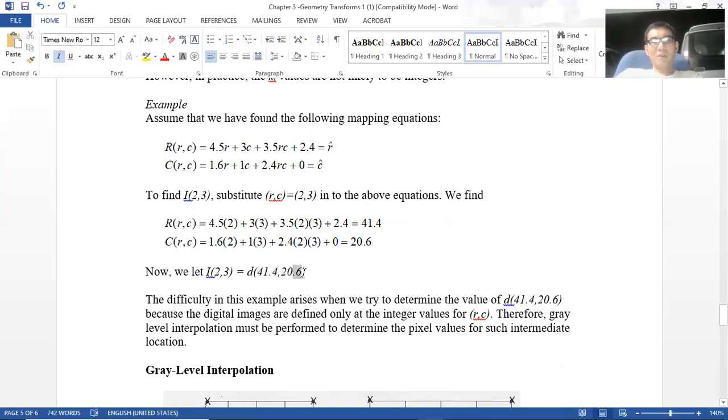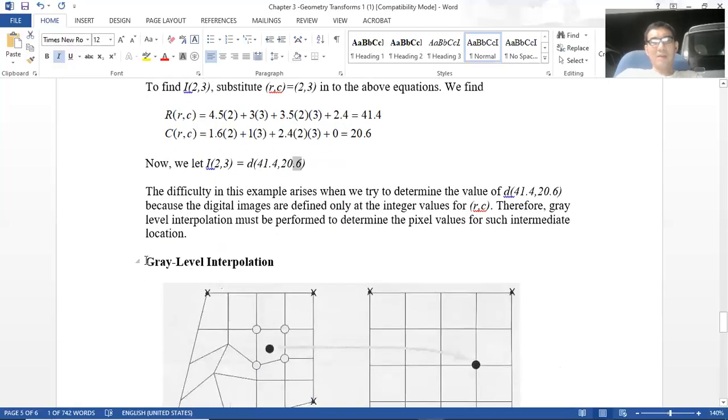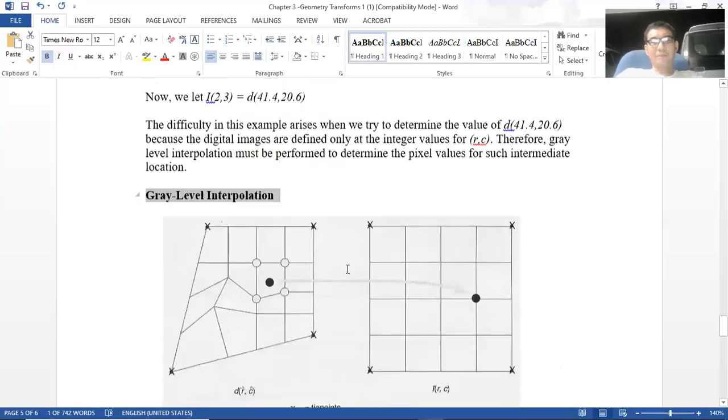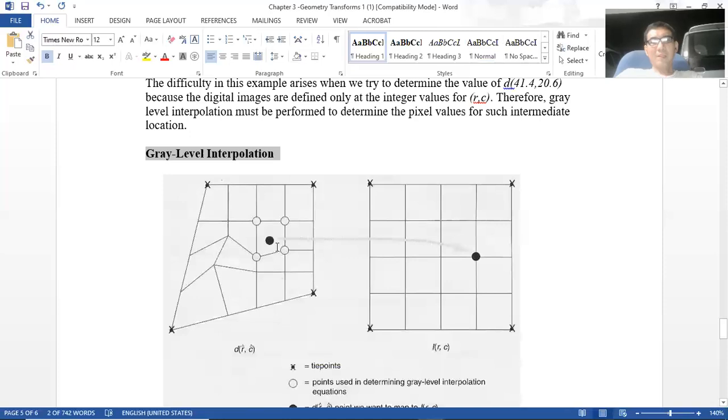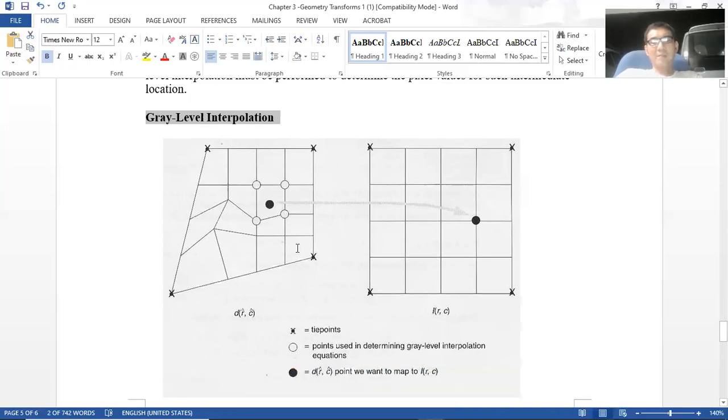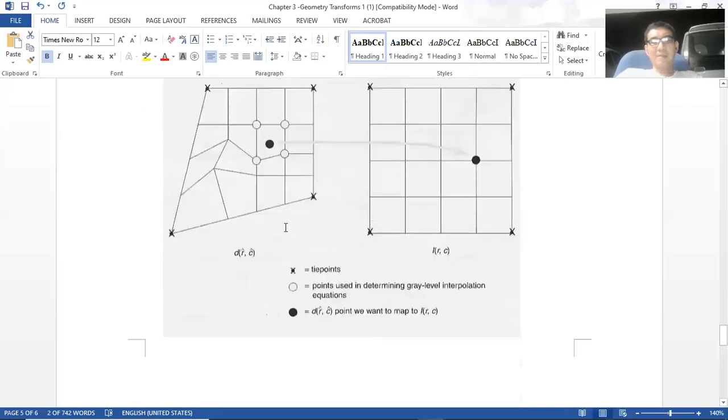These are not defined locations. So this is where you need to do gray level interpolation. All right, as explained, gray level interpolation means you're finding a point which is in between all the actual points. So you need to estimate what is the gray level.